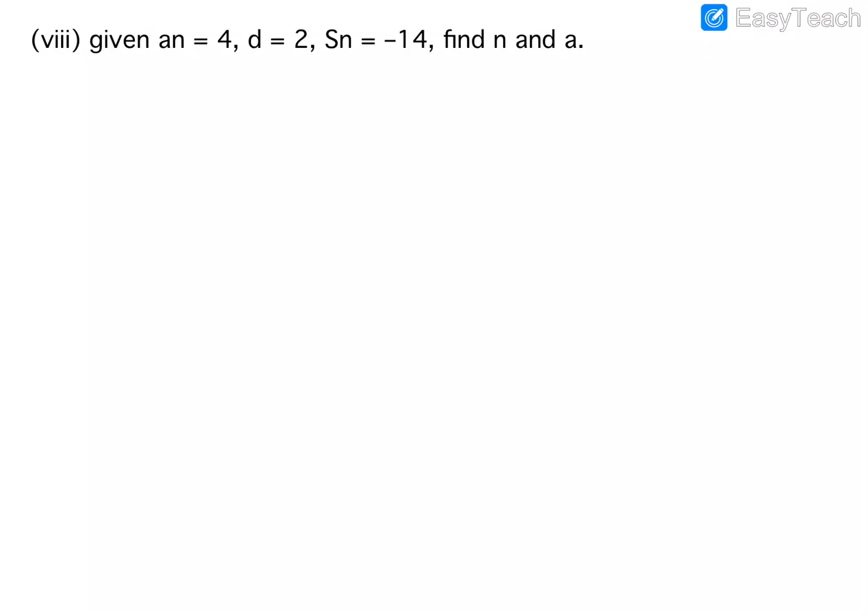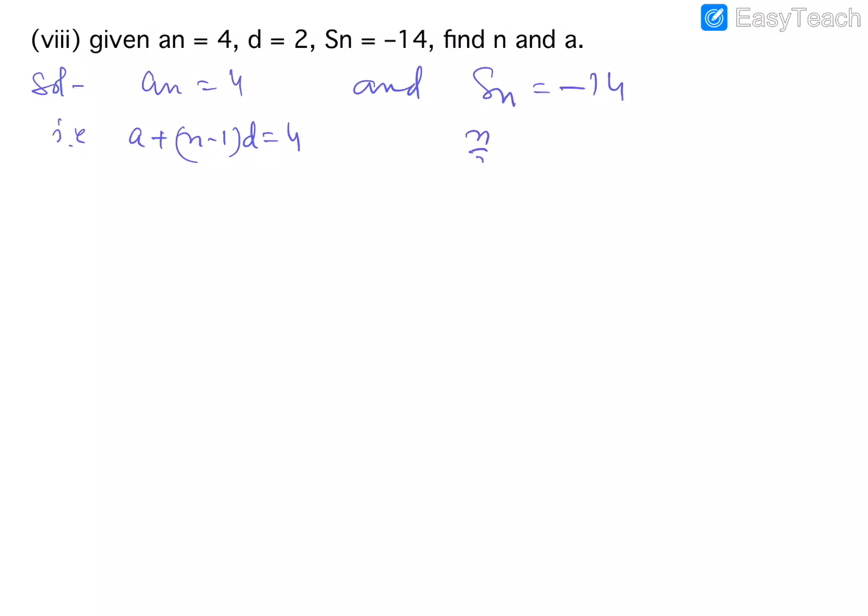Now question number 8, the 8th part. Here an is given 4 and Sn is given minus 14, that is a plus n minus 1 into d is 4 and n by 2, 2a plus n minus 1 into d is minus 14.